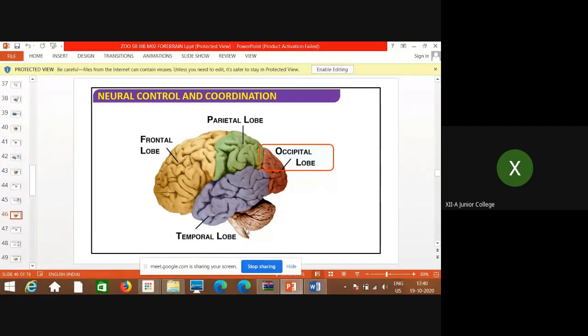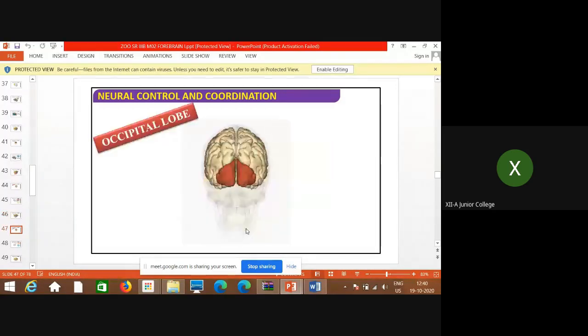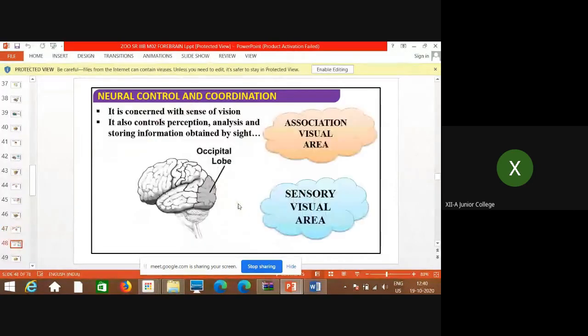And the last lobe, that is the occipital lobe. Now, as you must have understood by the name itself, which is related to which sense? This is the occipital back area, that is the occipital lobe, shown by red color. In this diagram, the occipital lobe is associated with the visual area.